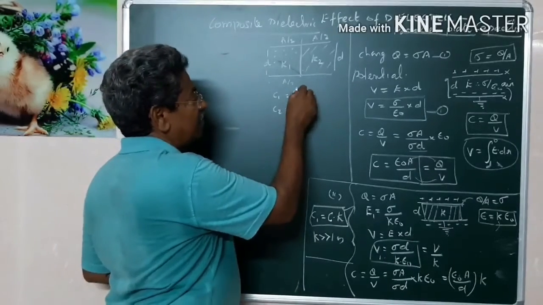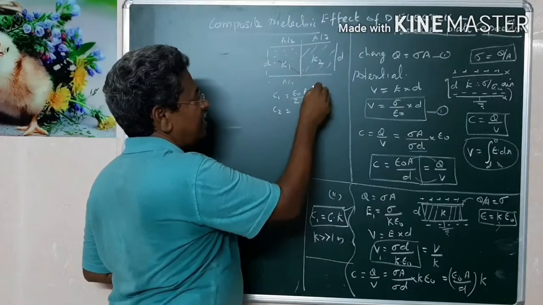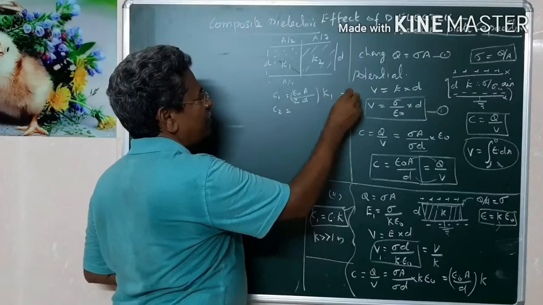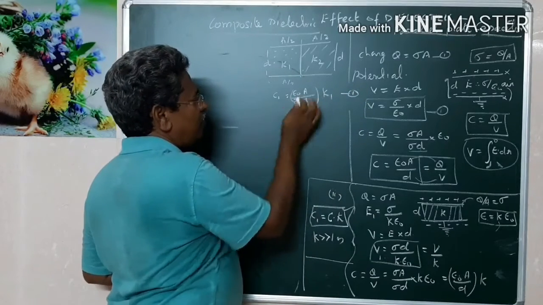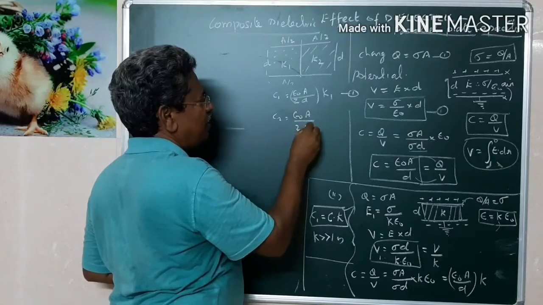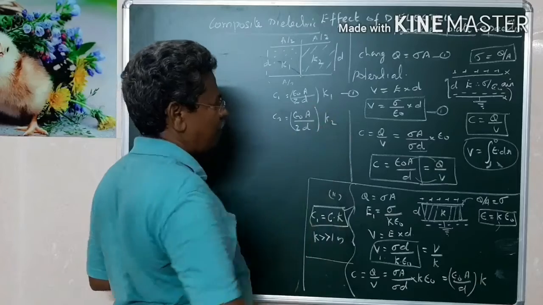Therefore epsilon naught, now A is A by 2, D is as such, into the dielectric constant K1, this is called C1, let it be equation number 1. Similarly for C2 you can write, C2 is equal to epsilon naught, again A is A by 2 and the distance between the two plates is D into the dielectric constant K2.